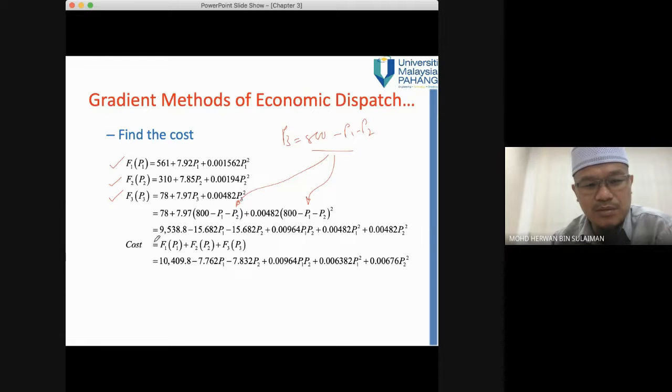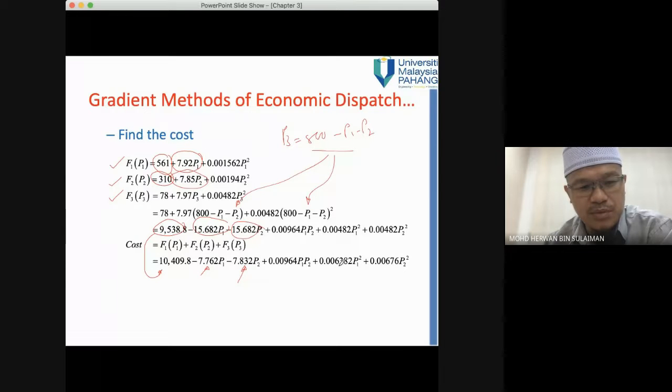And then you find the cost, meaning that you sum everything. So you sum this portion, you get 10,000. Okay, and then component of P1 times this one minus 7.92 P1 minus 15, you get 7.762 P1, and then P2 minus the component for the P2, you get this value, and then this value is maintained.